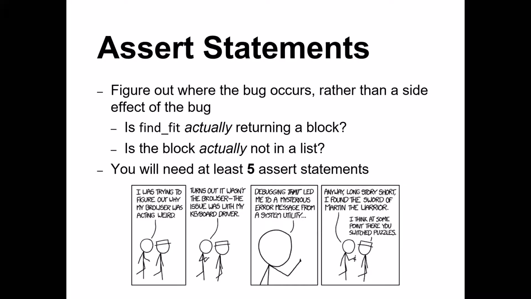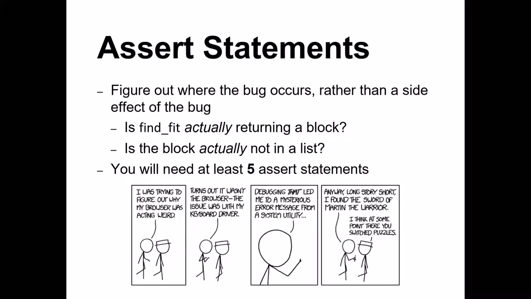So a requirement for this project is to use assert statements. The reason for this is because this project is a little harder to debug just because everything takes place on a heap. So what the assert statements allow you to do is, when you're writing these helper functions, you test if they're actually working.